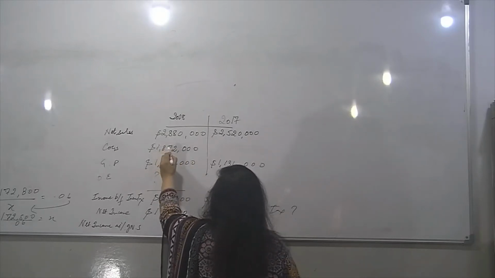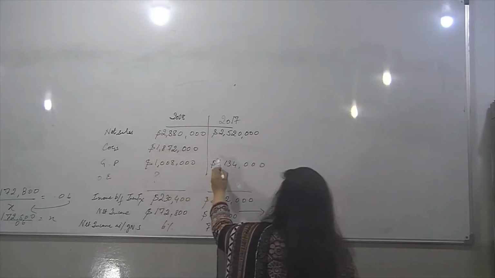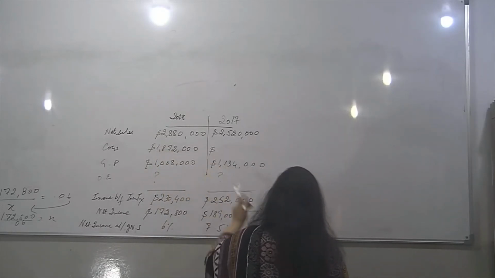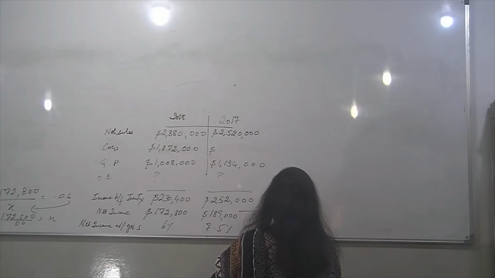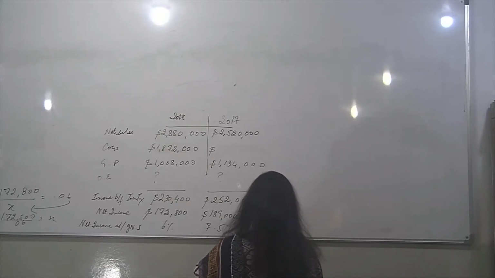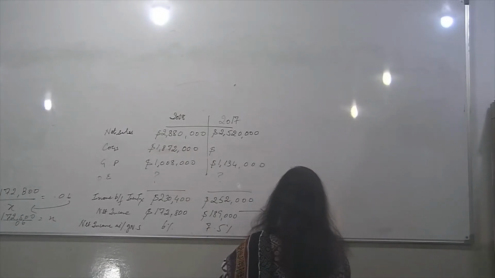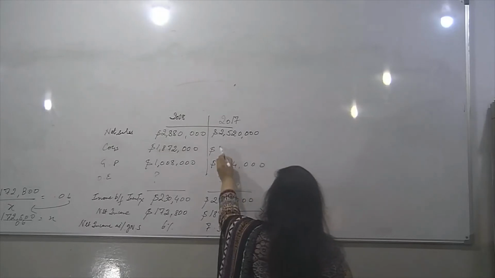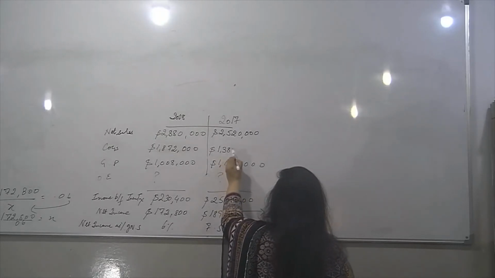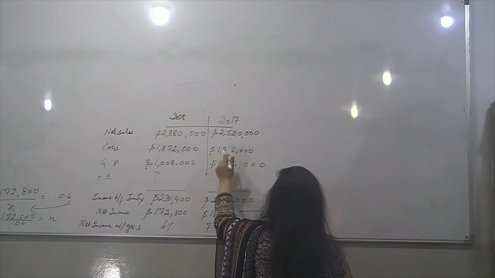Okay. Again, we have 2,520,000 minus 1,134,000, and 1,386,000.